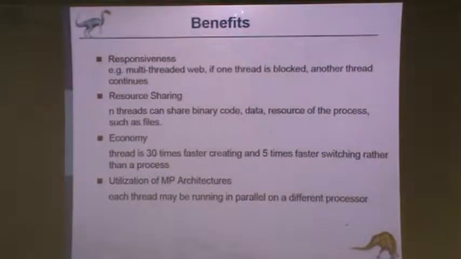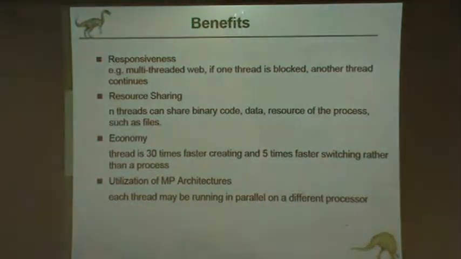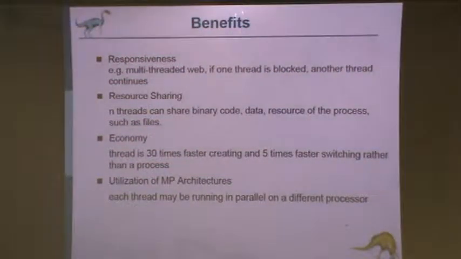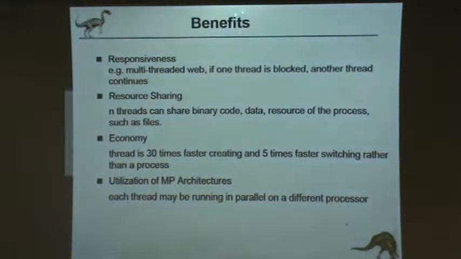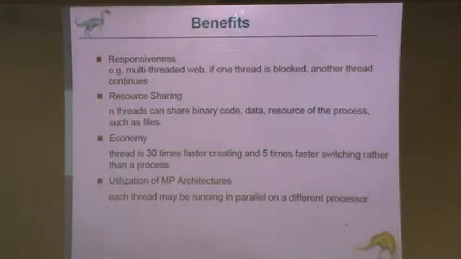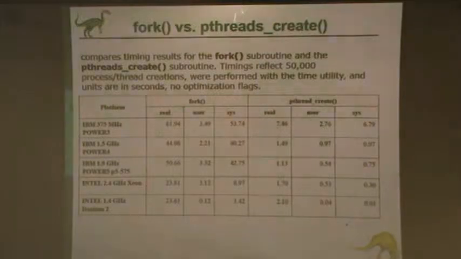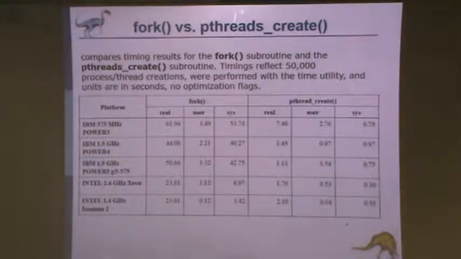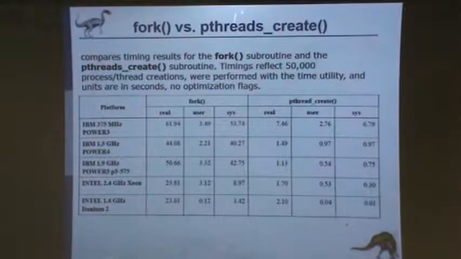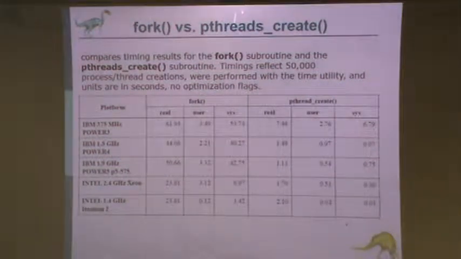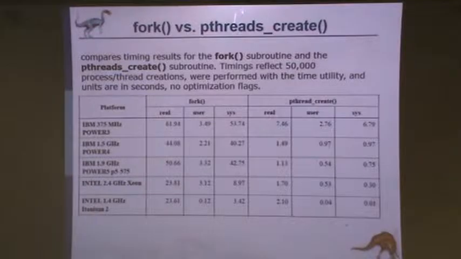Also, it's economical. Creating a thread is 30 times faster compared to creating a process. And when you're switching context, it's 5 times faster than a process context switch. This is a table that shows that creating threads is faster than creating processes.